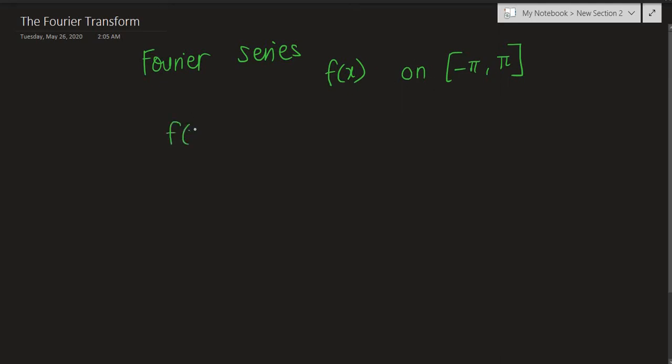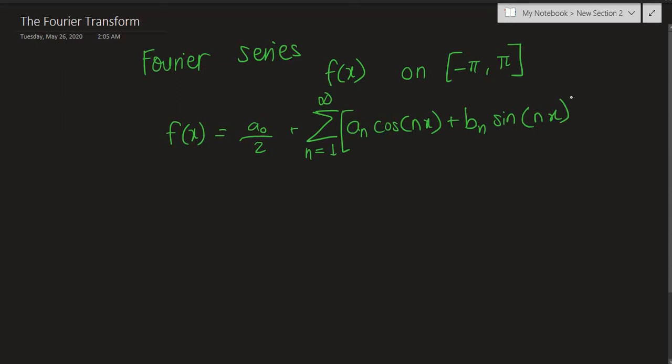So you can express any function of x over an interval, in this case negative pi to pi, as a0 over 2 plus the sum from n equals 1 to infinity of a sub n times the cosine of nx plus b sub n times the sine of nx.